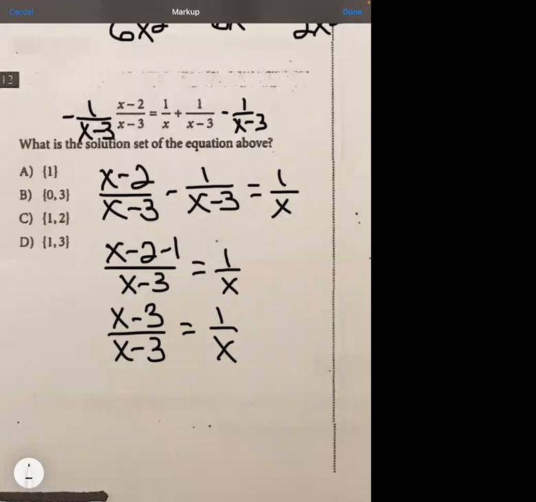But if you look closely, the numerator and the denominator right here are the same. And if the numerator and the denominator are the same, that fraction is equal to 1. So we could replace this whole thing by 1.